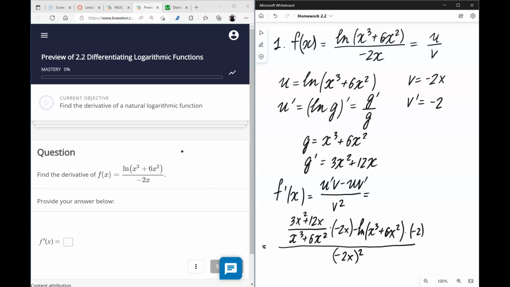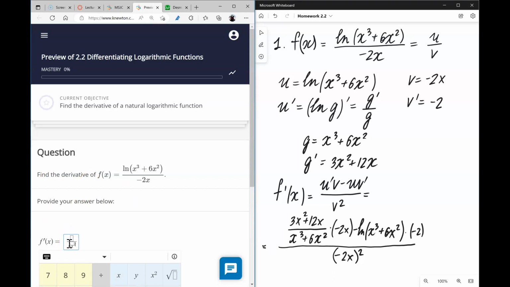And this can be simplified. Oh, maybe we shouldn't bother. We can definitely take out a bunch of 2's, but other than that, it doesn't seem like it will simplify. So let me just copy it the way it is, which is going to be painful, but it is what it is.